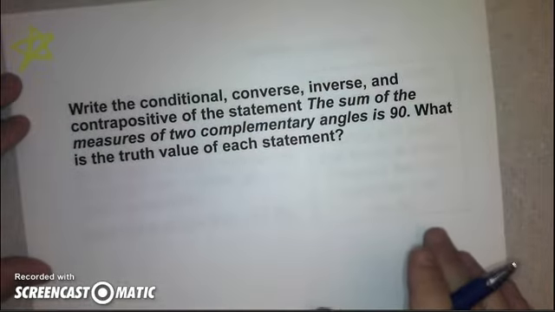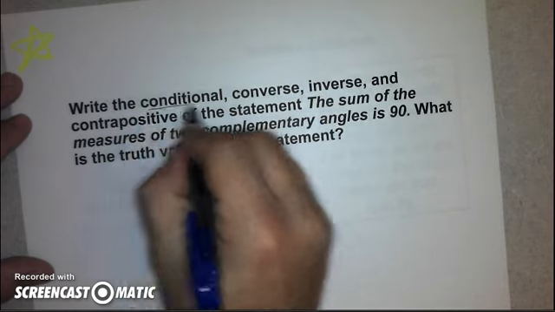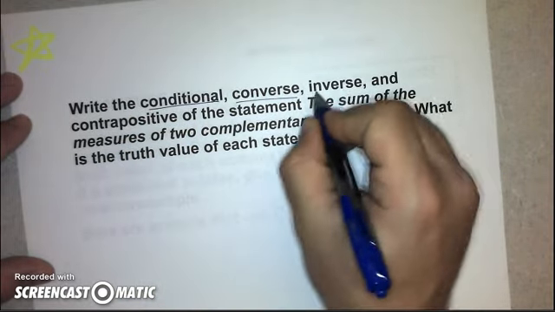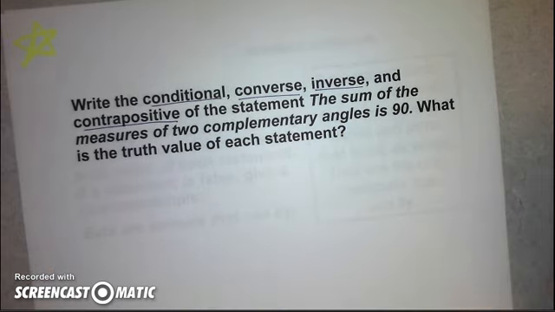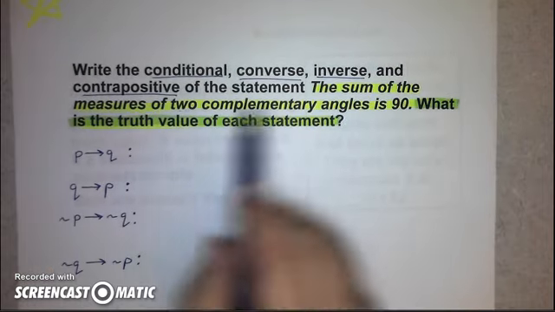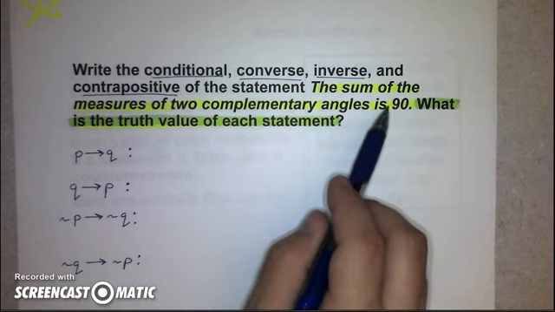All right, here's what I want you to do to finish this up. You've got one more example, and I want you to write the conditional originally, the converse, the inverse, and the contrapositive of the following statement. The sum of the measures of two complementary angles is 90.